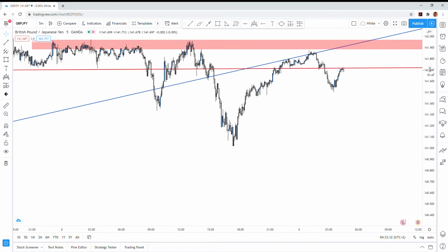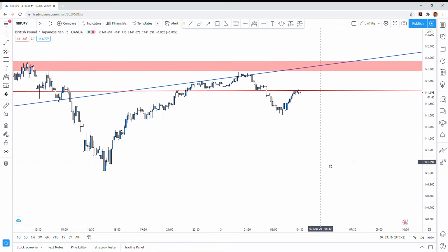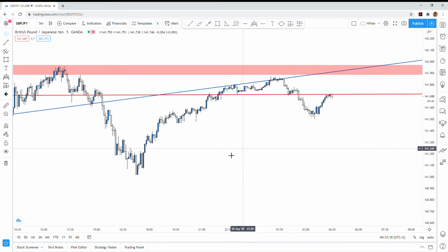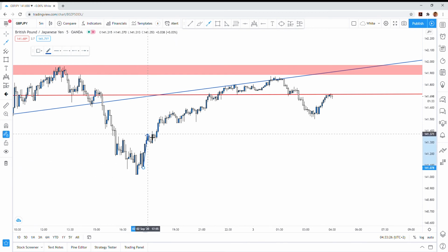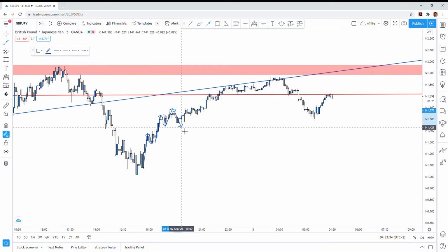Sorry, just let me go to the 5 minute. That's where you can see it clearly. As you can see, when price was retesting, this was the retest. Price was making higher highs, higher lows, and was respecting them.